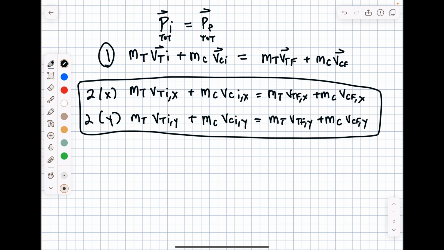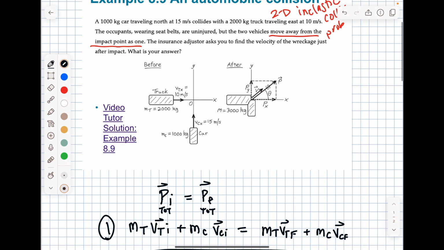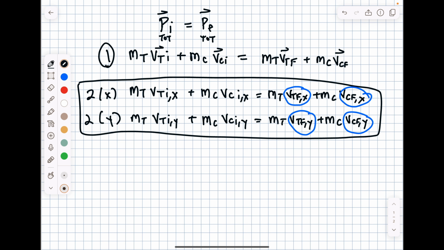And so now this is basically the 2 equations we're going to be working with. We need to find the final velocity, right? We're going to find the final velocity of the wreckage after the impact. So we're looking for these values. Well, we can actually clean this up a little bit. Why? Because the two vehicles are going to be traveling as one object, right? And in the final moments after their collision.